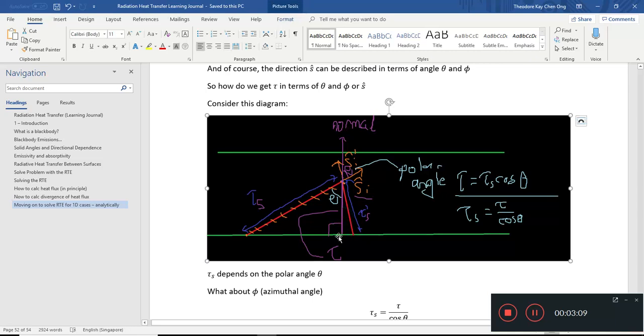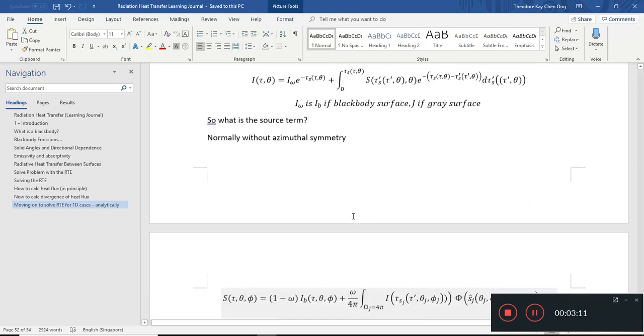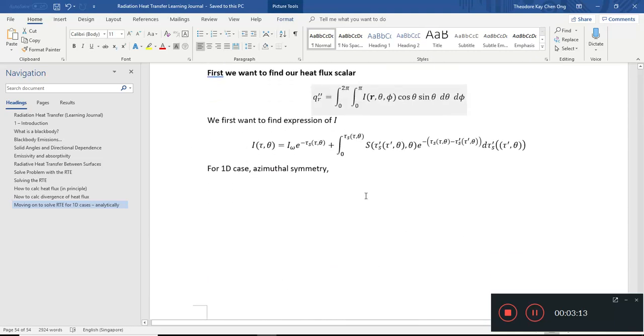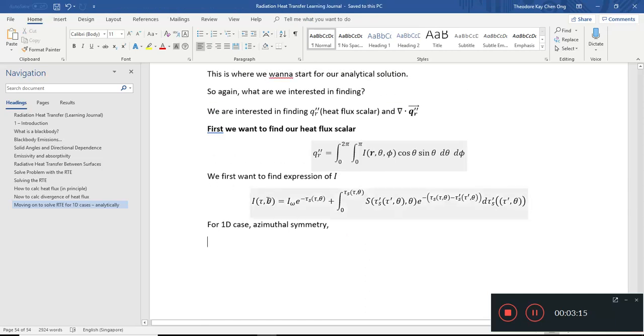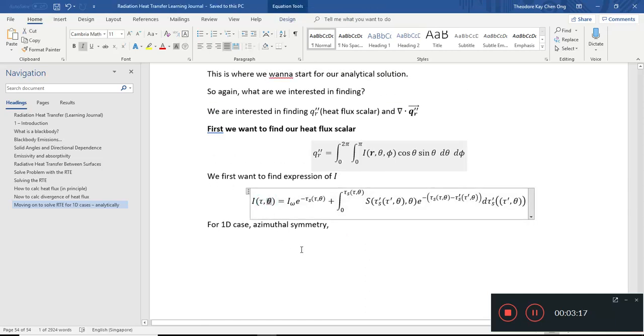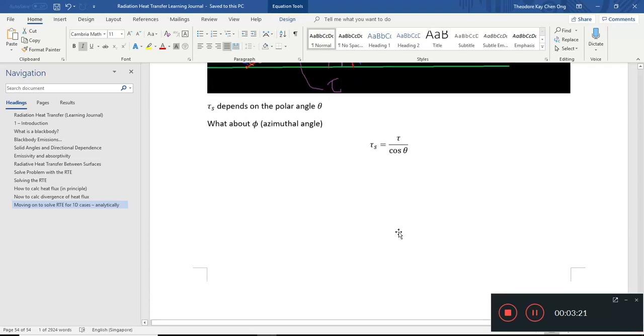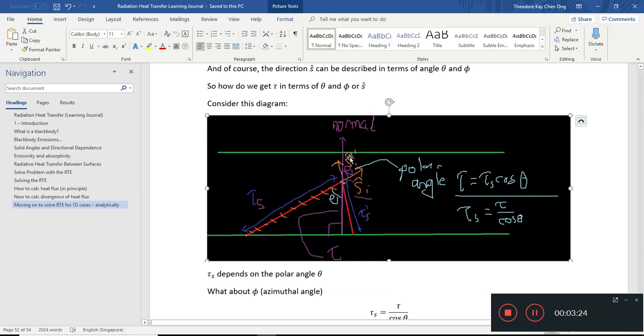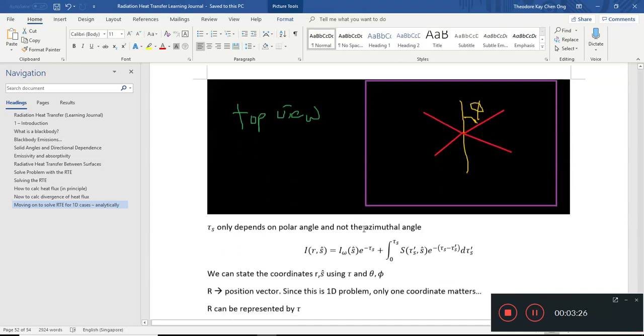Remember, we're talking about this picture here. And of course we have theta, which is the polar angle made from the normal to the bottom plate.